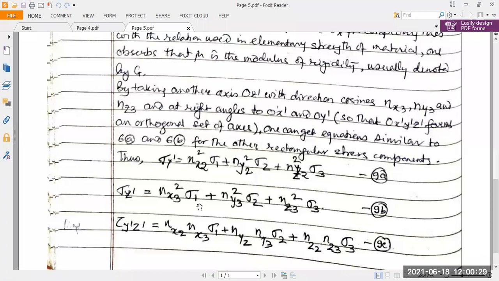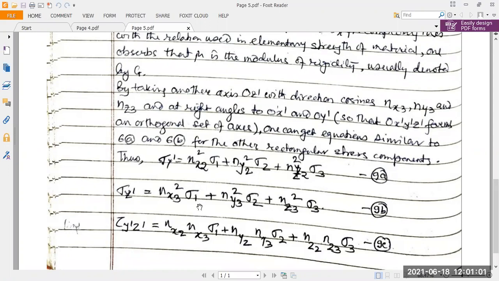Then the resultant stress has one component along sigma n, parallel to the normal n, and another component, tau n, parallel to the plane. And this resultant stress has components along the ox, oy and oz axes equal to tx into nx, ty into ny, tz into nz, etc.